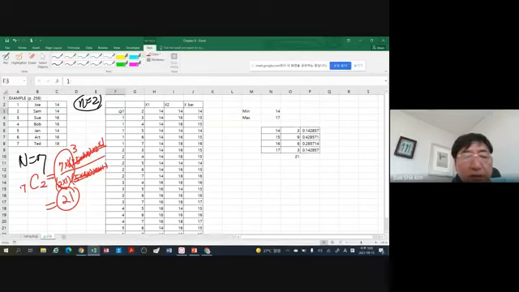Each selected number is compared to the lookup range, matching it, and the third column is returned. So employee 1 is 14, employee 2 is 14, and employee 6 is 16.